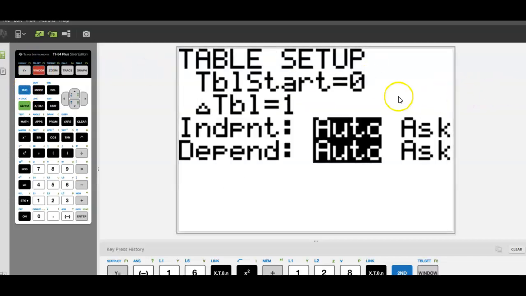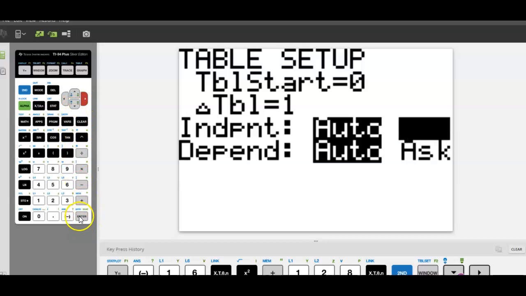You can start the table at 0, and it would go up by a step of 1. That would work for this, but in more general limit problems, you might not have equal steps. So what I'm doing here is moving the arrows down so that I get ask for the independent. X is the independent variable. I get the cursor flashing over the ask, and I hit enter.